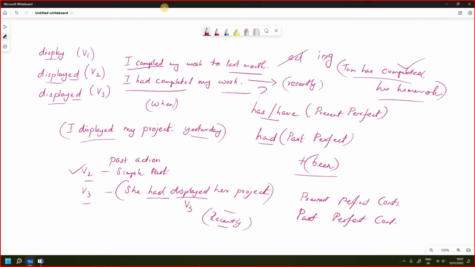Fine, done. It's over. Like that. Okay, so this is how you will use tenses. Now, so far, I think you understand what is simple past and how to use past perfect and all, because we went into past perfect tense.